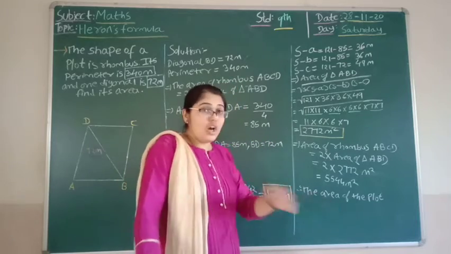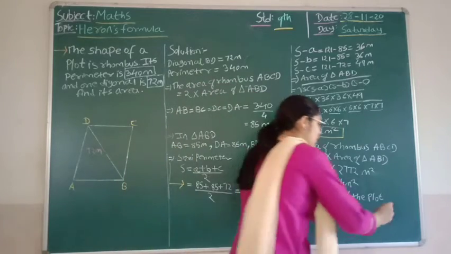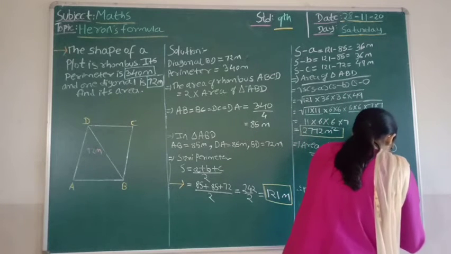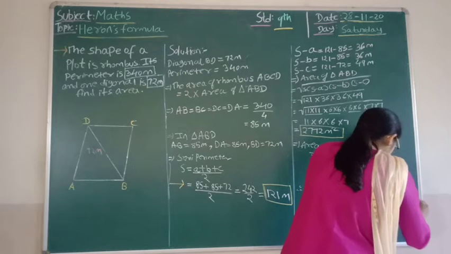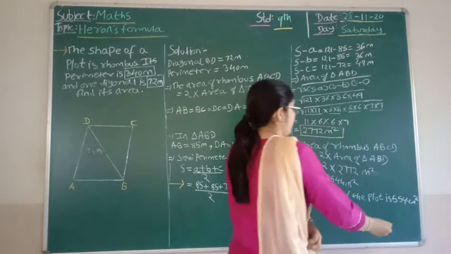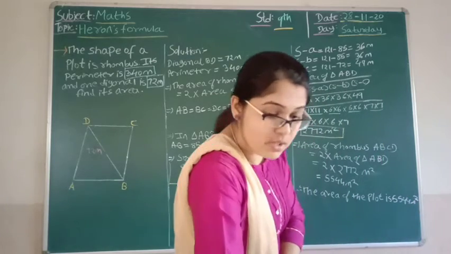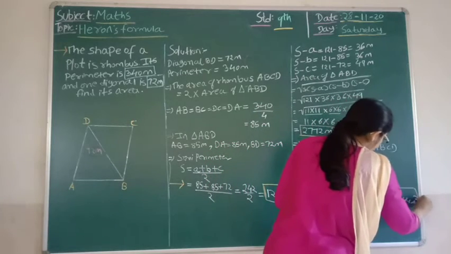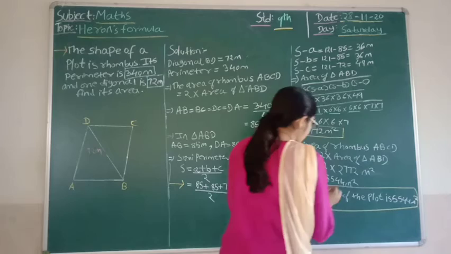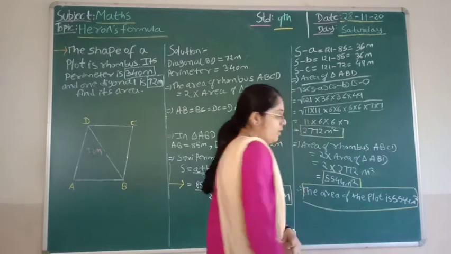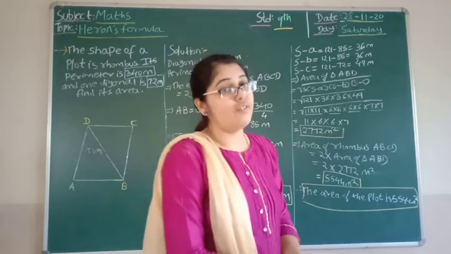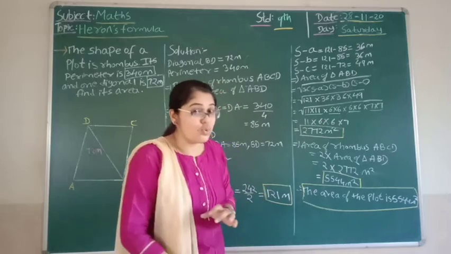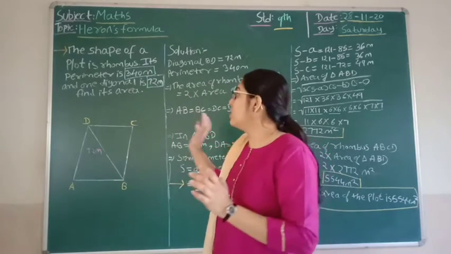So I can write the area of the plot is 5544 meter square. So with this statement, students, we can finally say the area of the plot is 5544 meter square. So students, this is how we can solve this sum.